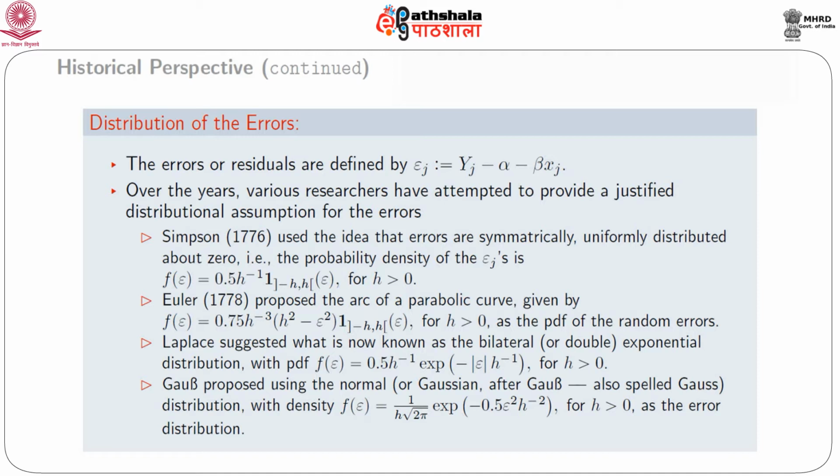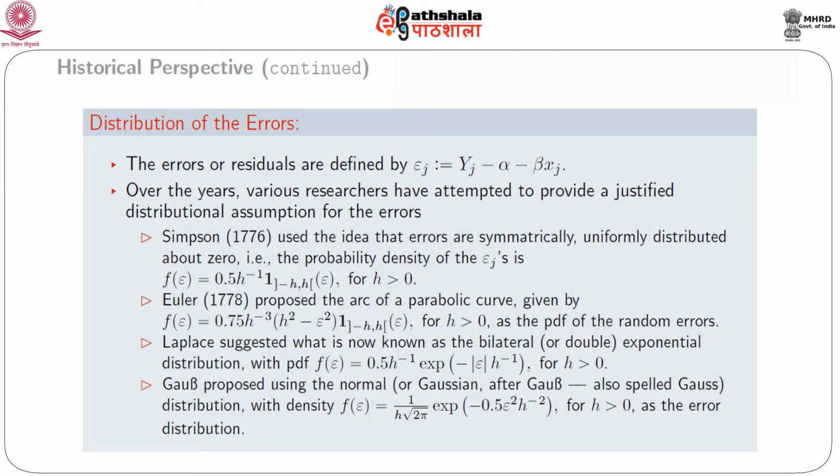Over the years, various researchers have attempted to provide a justified distributional assumption for the errors. Simpson in 1776 used the idea that errors are symmetrically uniformly distributed about 0. That is, the probability density of the epsilon j's is f(epsilon) = 0.5 times 1/h, where epsilon lies in the interval minus h to plus h, where h is greater than 0.